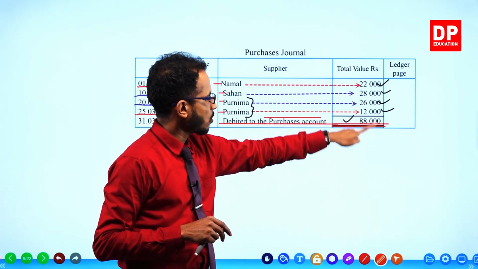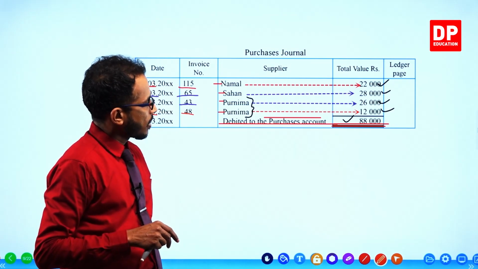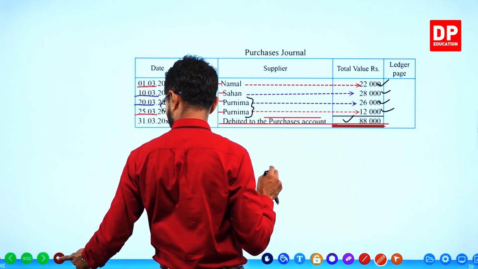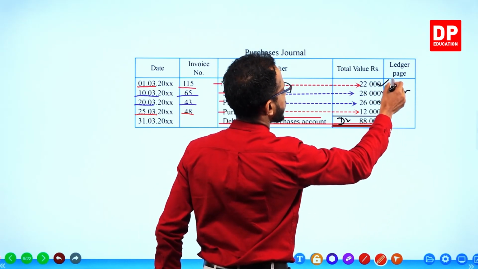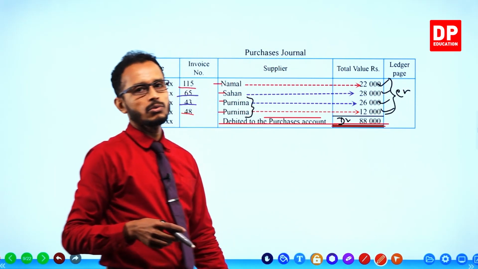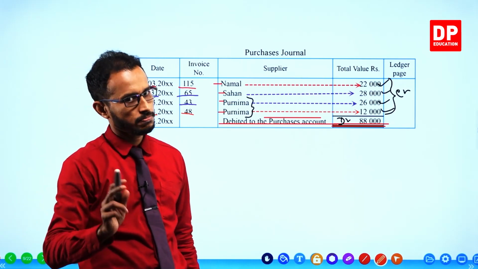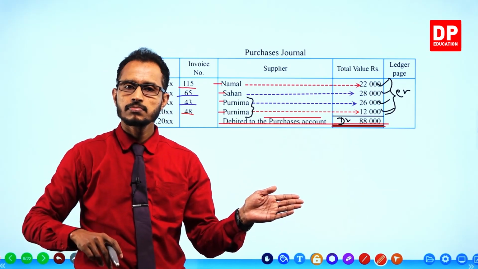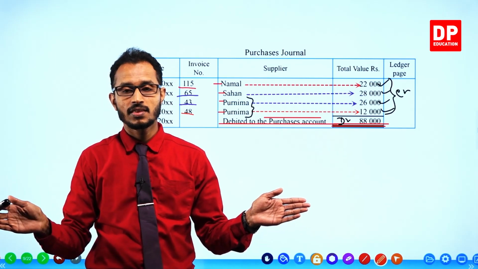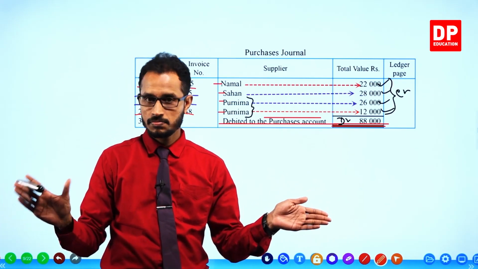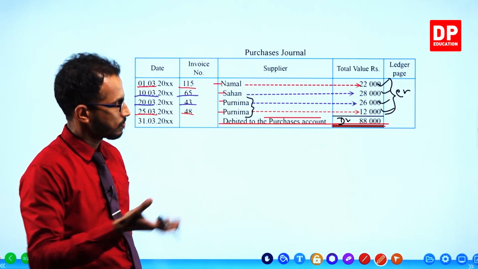That's all right, no problem. Debited in the purchase account and credited in all these accounts one by one. That's it.